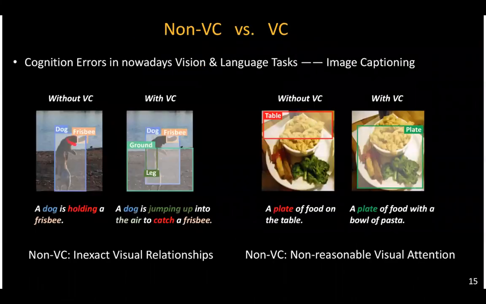Just like the example here, because you already learn the context of a lot of objects, like here, ground is an object, leg is an object, you can capture a better context between the objects. That's why I feel the image captioning could be enhanced more.